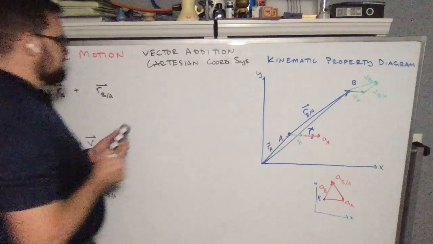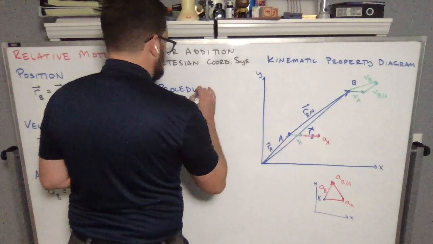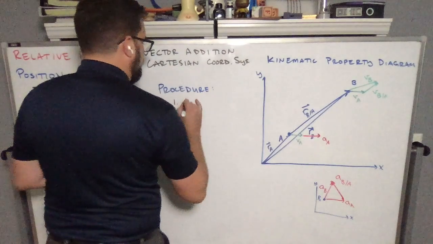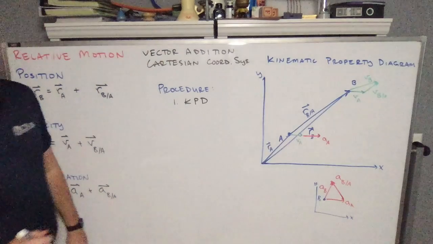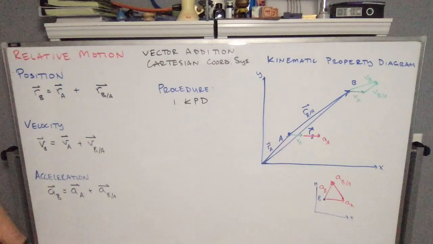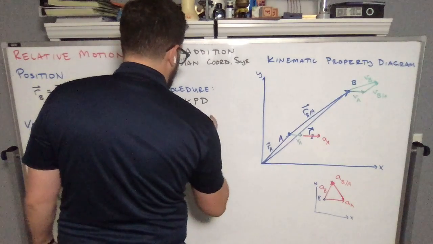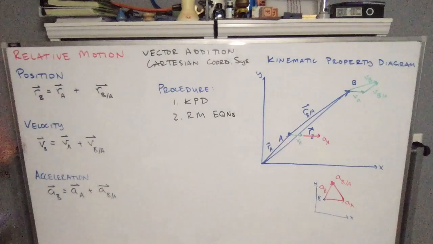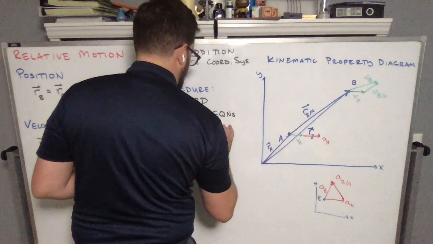And so our procedure for this class of problems is going to be exactly what it was before. We're going to start by drawing our kinematic property diagram, something a bit like that. And then once we've done that, we can write our relative motion equations. That would be these guys over here, and that would be in x and y.